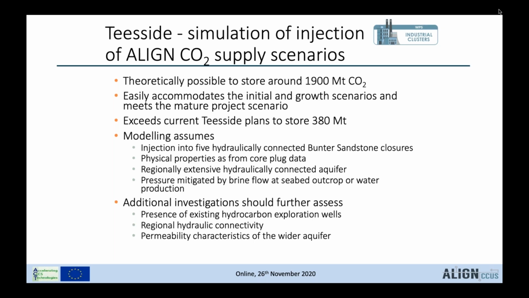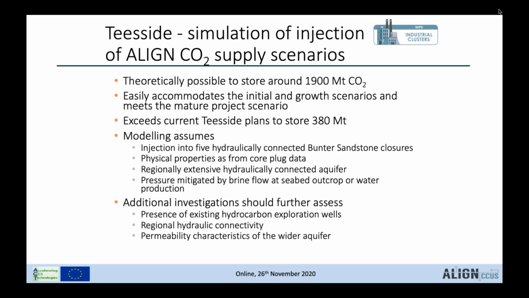So although that looks very hopeful, we have to note that our strategic modelling assumes injection into 5 hydraulically connected Bunter Sandstone closures, the physical properties as attributed from the available core plug data, that there is a regionally extensive hydraulically connected aquifer, and the pressure increase is mitigated either by brine flow at the seabed outcrop or by water production.